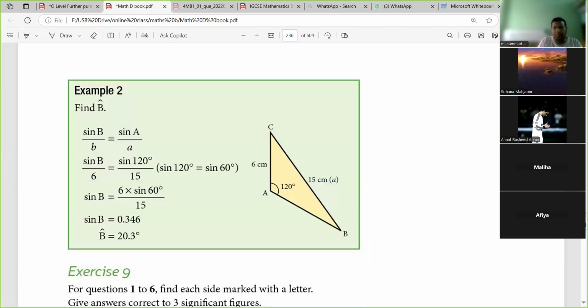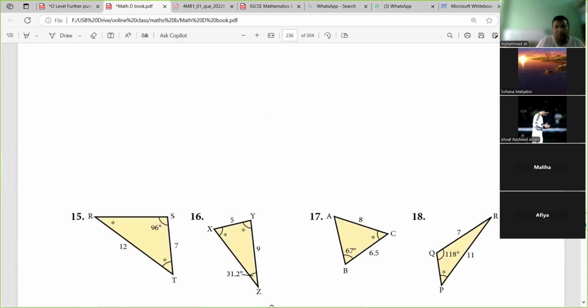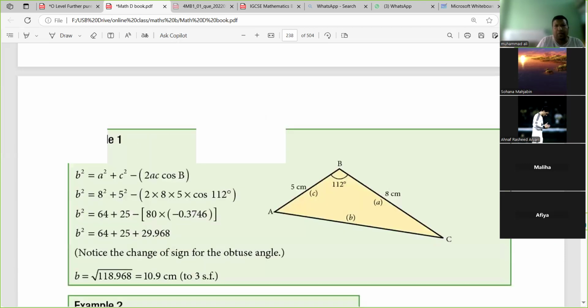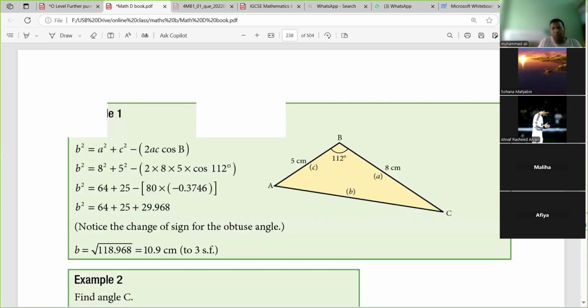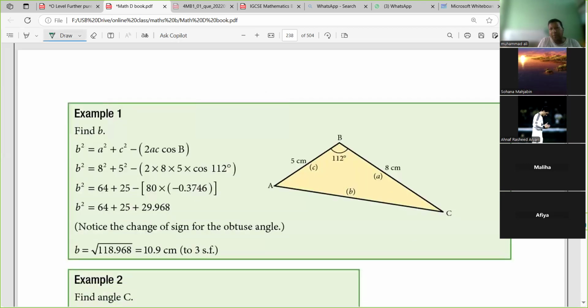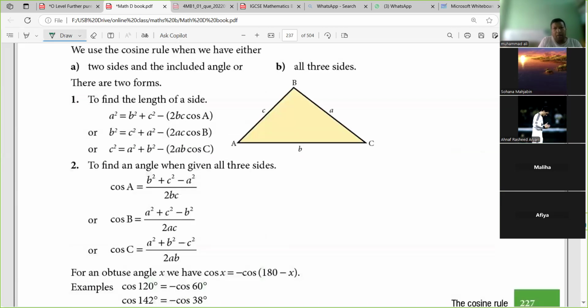Where is the cosine rule? Okay, now see, this is the cosine rule. If you have three sides and one angle, the cosine rule formula is here. Both of these are cosine rule formulas.